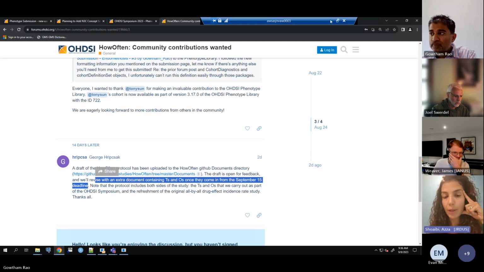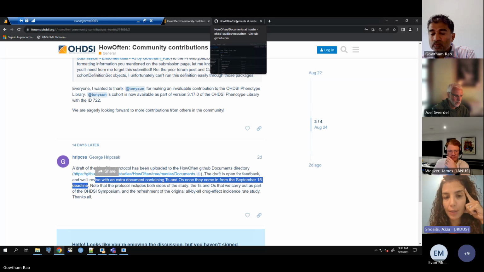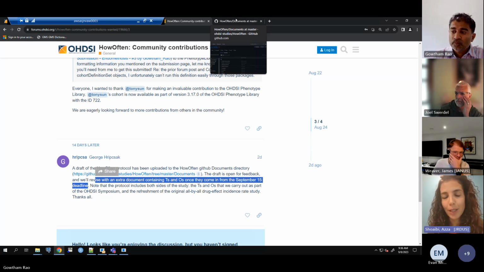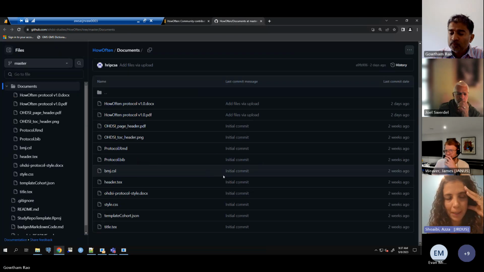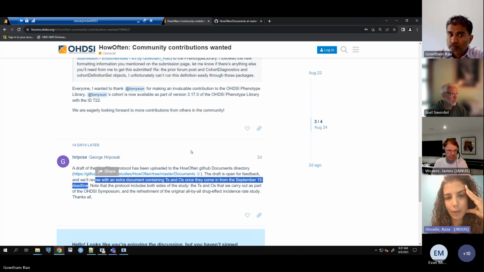But again, it's fine, but at least put your interest that you want to lead, like you have interest in this T and this O, because they won't know which is the T, which is the O, and what the clinical question behind those phenotypes is. Right. Okay. So you can put it in a forum, you can let George or Patrick know somehow. You just need to make sure that your specification is mentioned so they can add it to the protocol. And then, of course, the phenotype needs to exist.